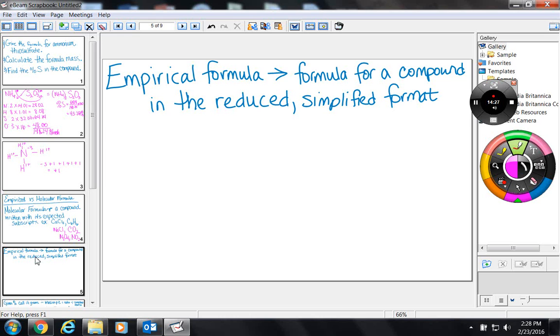So the first way: use greatest common factor.